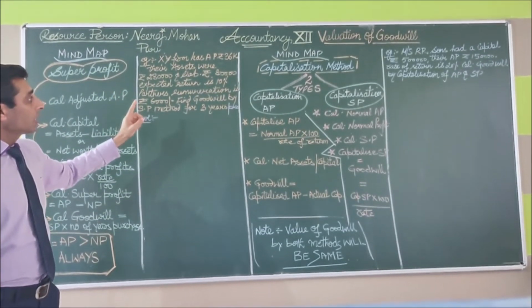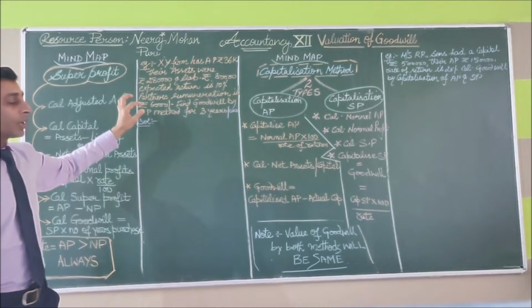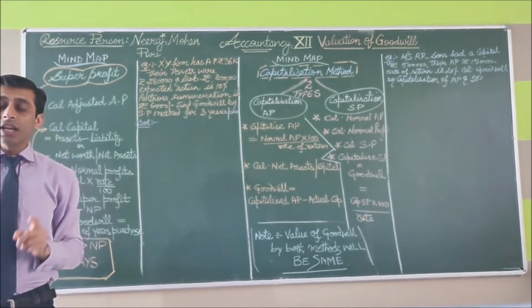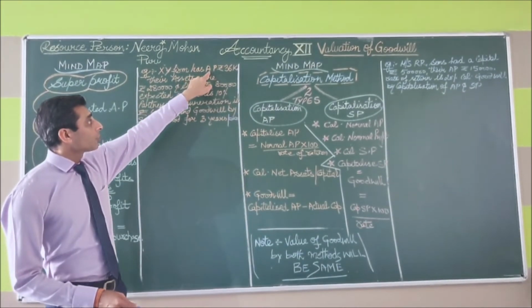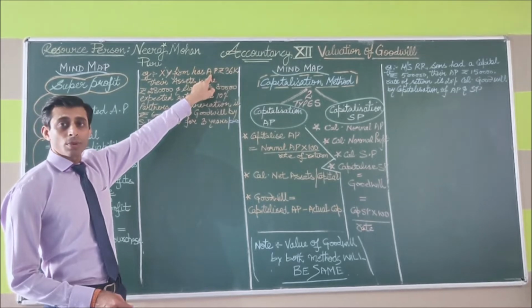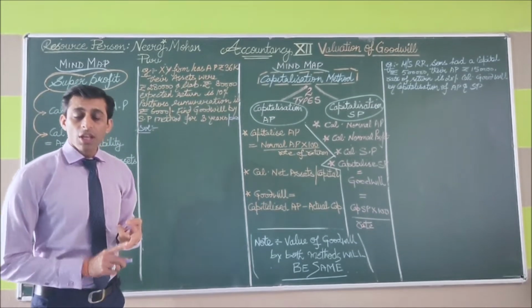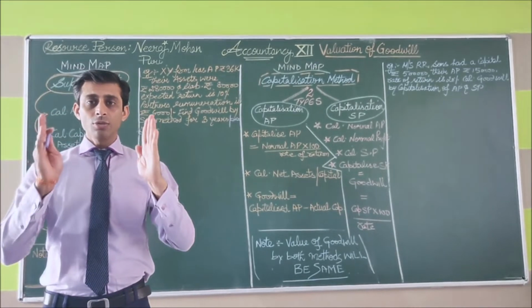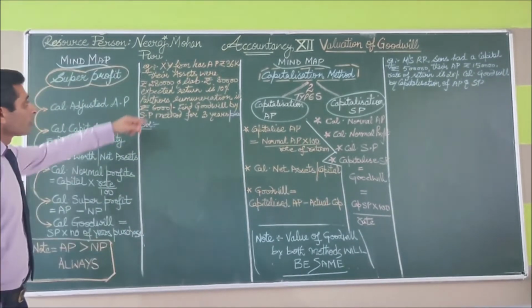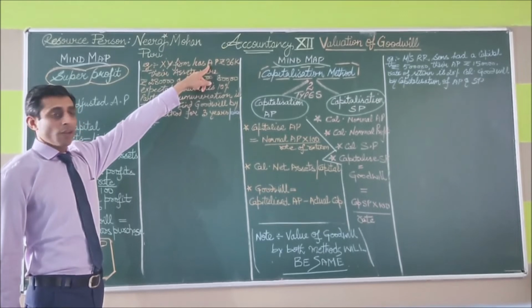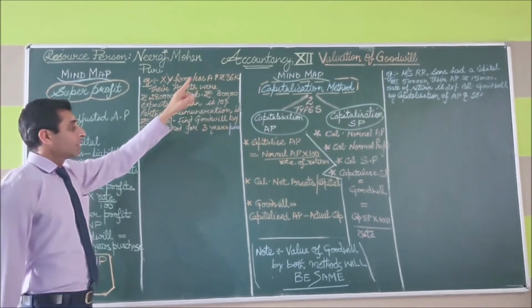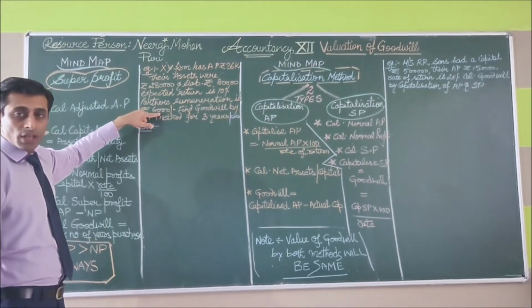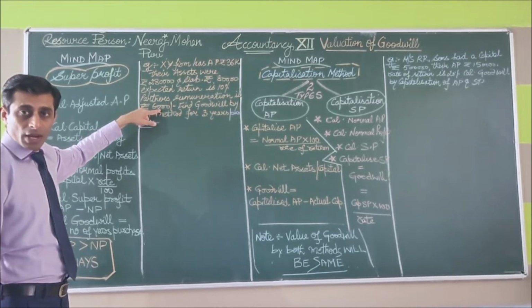Keep in mind that any kind of an appropriation is to be adjusted from net profits or from average profit. Net profit and normal profit are not the same thing. They are two different concepts. Here, net profit or average profit is 36,000. We have an adjustment of partners' remuneration which needs to be subtracted.